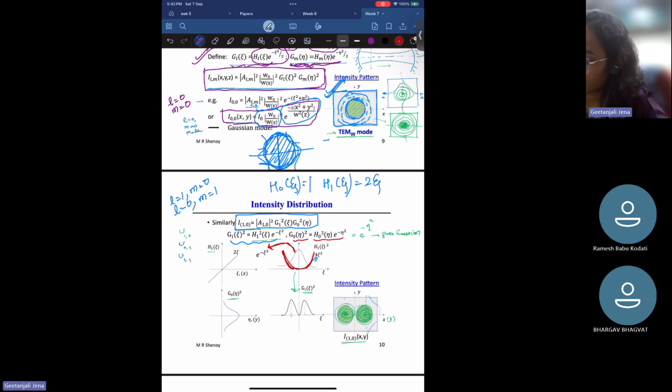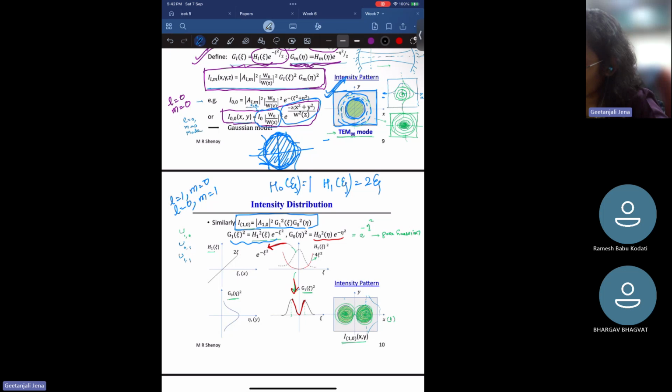Now the resultant field will be, in the center, 0. Here it will be 0 because 4 zeta squared is 0. So we'll see a 0 in the center. And as we move away from the center, which field will dominate?